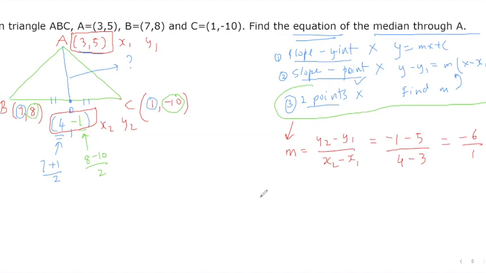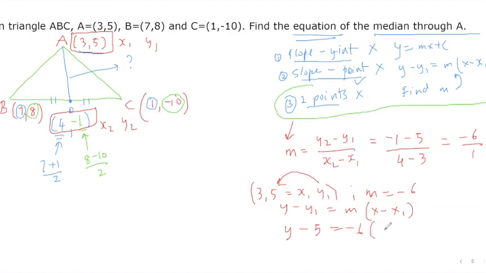We can use any of these points. We'll use 3 comma 5. So 3 comma 5 is our x1, y1, and of course our m is minus 6. So we'll use y minus y1 equals m times x minus x1. So y minus 5 is equal to m, that's minus 6, into x minus x1, x1 is 3, x minus 3.